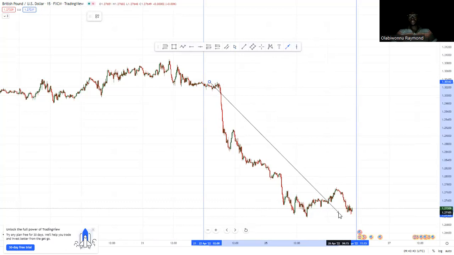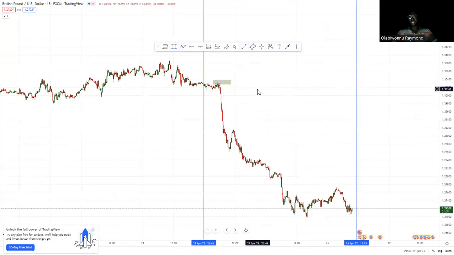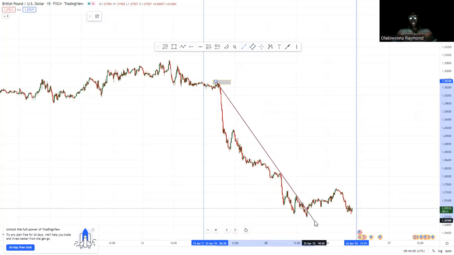So according to the trend line I taught you guys, what do you have to do? Draw two points. You all agree with me that this place is a point, so just draw your trend line from that point. This point here is not valid, though it was obeyed at the third touch, but it was broken out here.